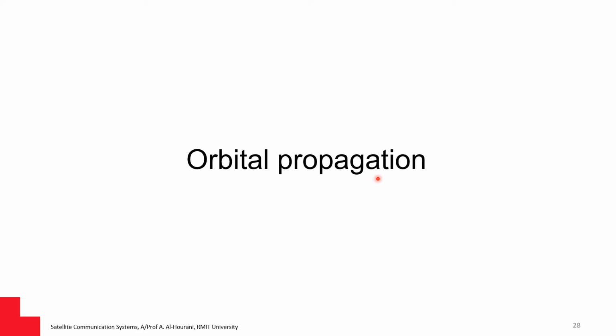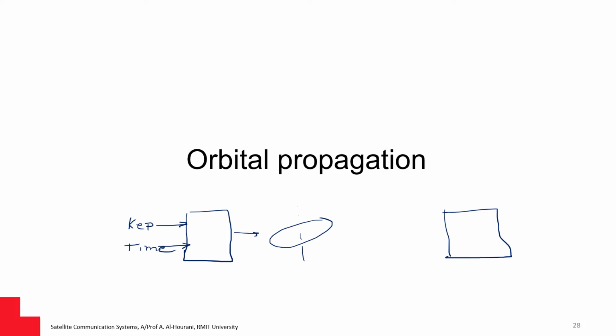An orbital propagator is a simulation tool that you need to feed with the elements that describe the orbit. For example, in the previous example we fed it the Keplerian elements and the time of simulation, and it produced a satellite orbit. Similarly, we saw another example where we fed a tool the TLE, two-line elements, and the start and end time of the simulation, and we found the orbit, a simulation of the ISS.